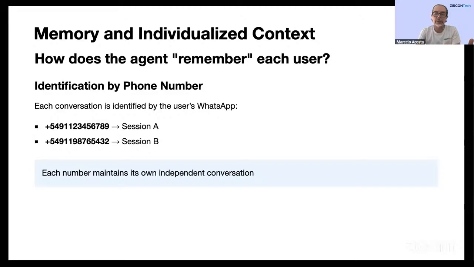So you don't need login, you don't need cookies, you don't need tokens, and the session management is much easier. And for each phone number, you get an isolated conversation. And then the Bedrock agent can maintain a session state automatically. So the user A and user B have completely separate sessions and context, and there's no risk of mixing up information and getting to a user information from another.